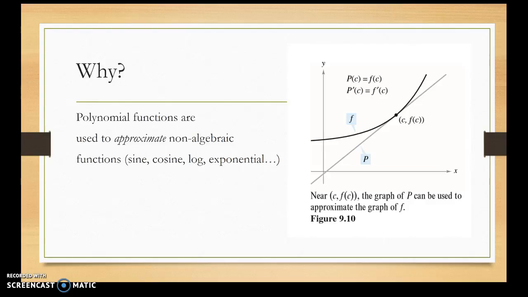So a couple things have to be true. Notice that the polynomial and the function have to share the same y value. We can think of it, if this is a line of tangency, well then the first derivative of the polynomial and the first derivative of the function are going to be the same as well.